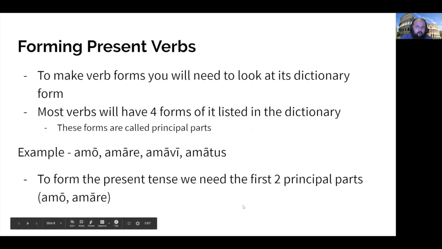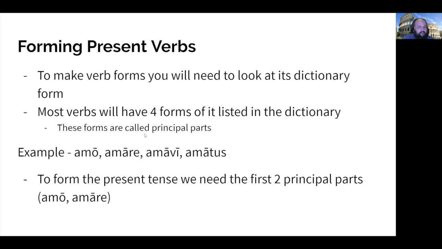So when we're forming present tense verbs, you actually will need to look at its dictionary form, much like with nouns, to figure out what's going on and how to appropriately attach the endings. Most verbs in your Latin dictionary will have 4 forms listed in order. We call these forms principal parts.